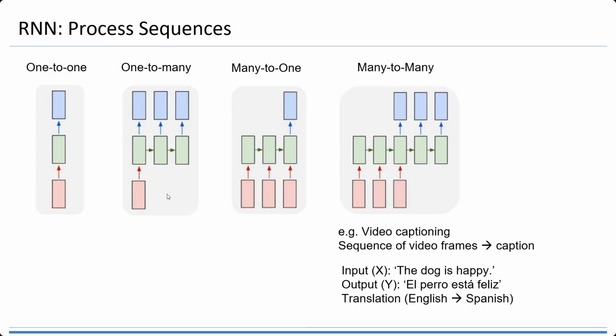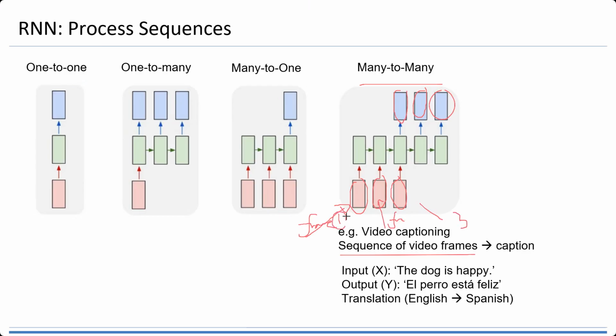The other kind of sequence is many to many. If it is many to many, it means we have many inputs and many outputs. Many inputs means, for example, a sequence of video. As I mentioned before, this is frame number 1, frame number 2, and frame number 3.